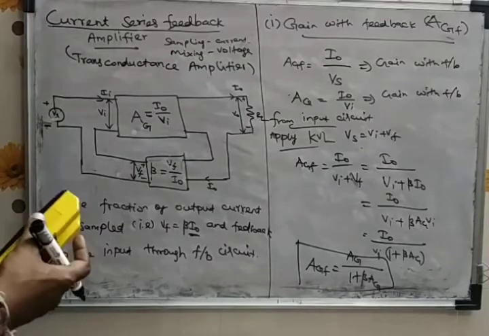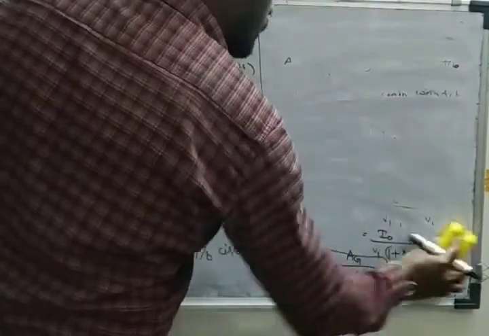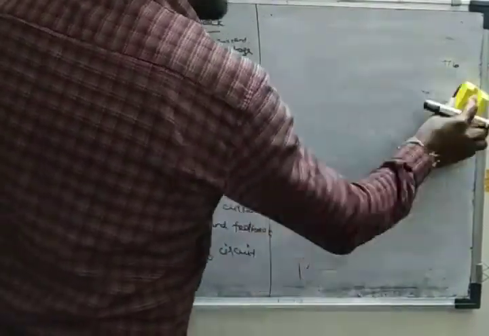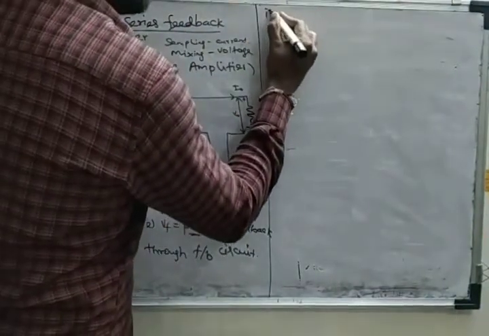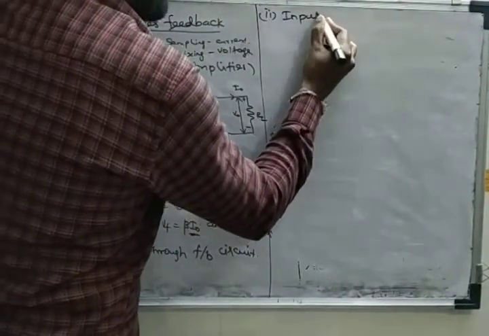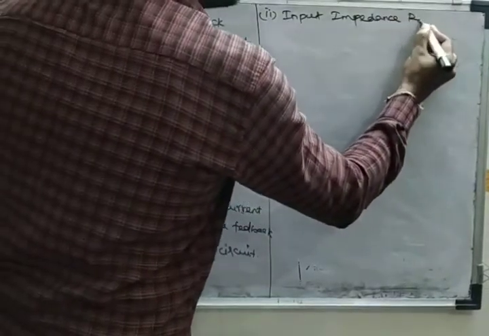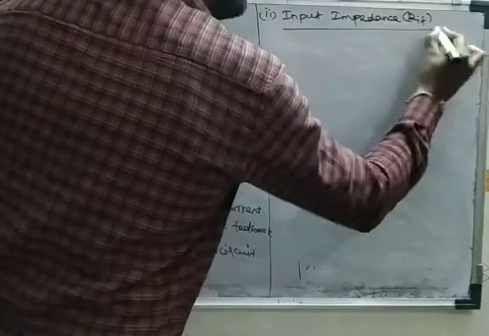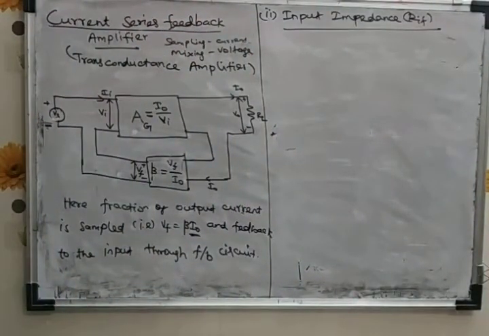Next we calculate input impedance, RIF. To find input impedance and output impedance, first you have to replace the amplifier circuit with H parameter model.